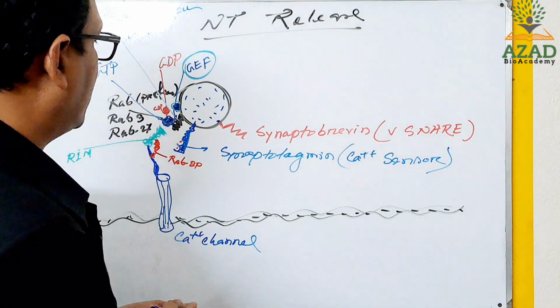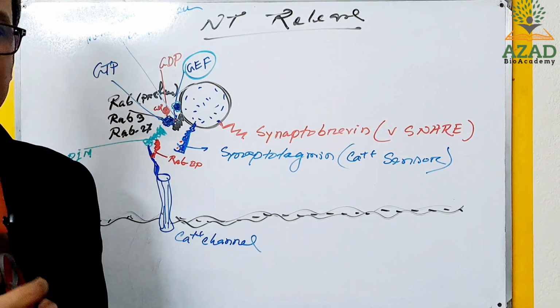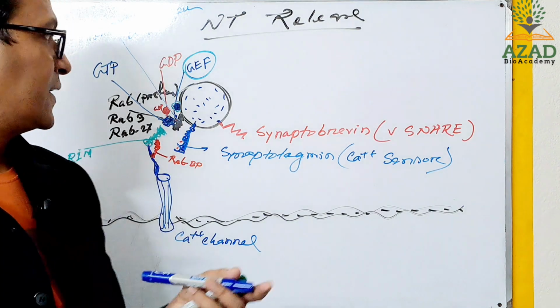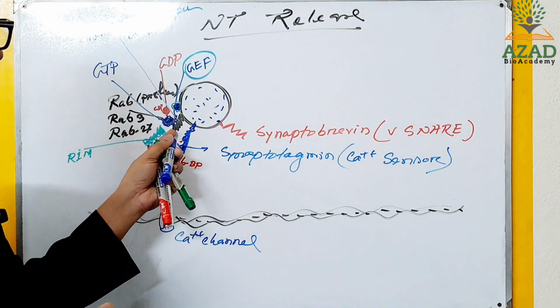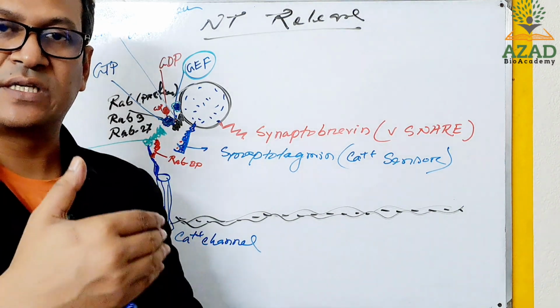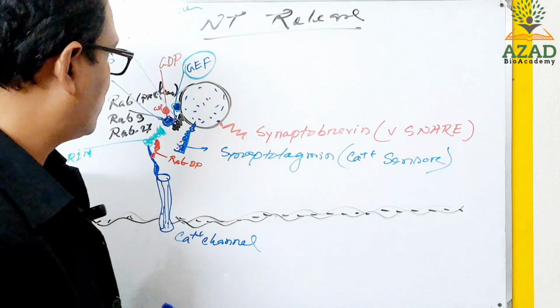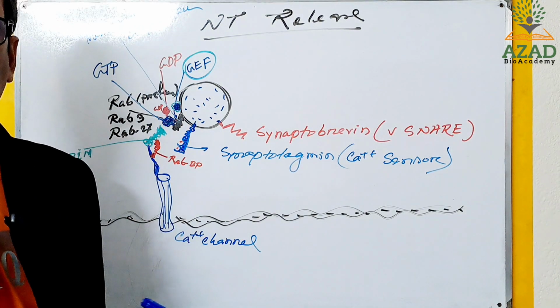Okay, so when GEF is activated, that means this vesicle is matured and has got the message. Then GEF will be activated, and that will activate the Rab protein, because when GDP is exchanged to GTP, it will change the conformation of the Rab protein, and the Rab protein will be activated. And what will happen?